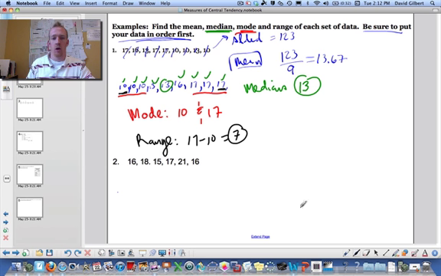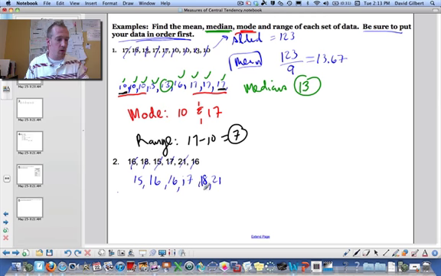Alright, so here we have a set of numbers. I'm going to rewrite these in order. I have a 15, my smallest, and then I have two 16s, and then I have a 17, an 18, and a 21.